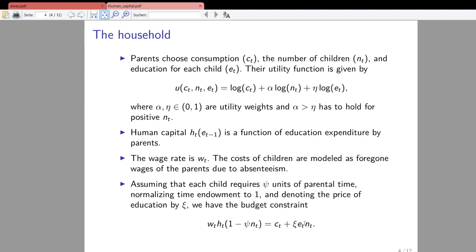Multiplying the education expenditures per child with the number of children and the price of education gives the total expenditures of the household for education. So total outlays of the household for consumption and education have to be equal to total wage income after taking into account that raising children costs parental time.